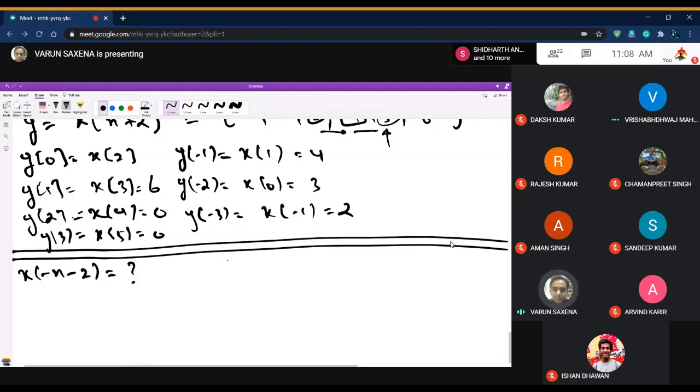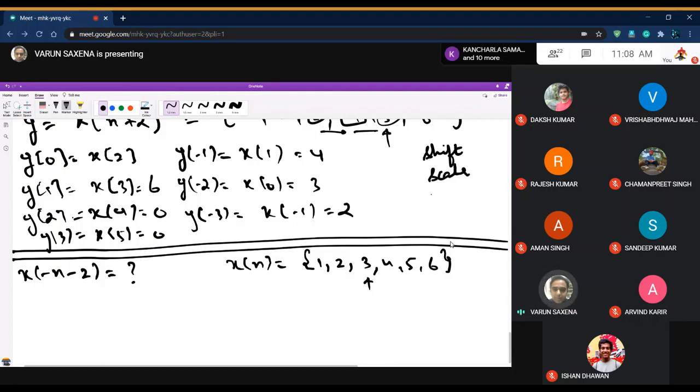Yeah, so the sequence x[n] is equal to 1, 2, 3, 4, 5, 6. And I had given an algorithm also for you people to follow, and the algorithm was you will first do shift, then second you will scale if at all, and third you will reverse.